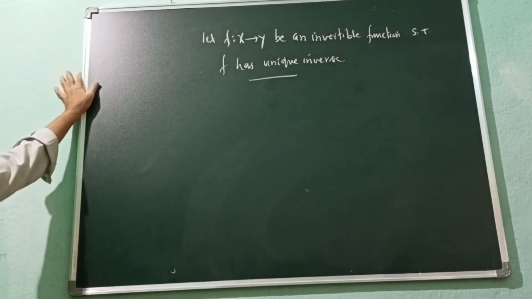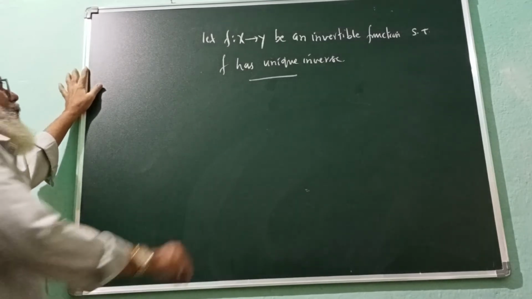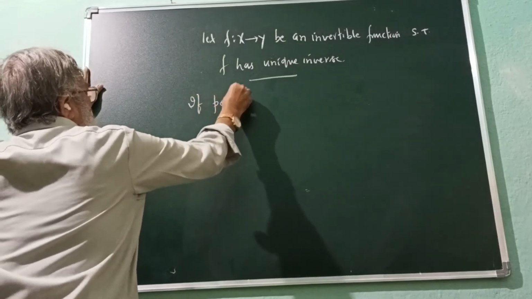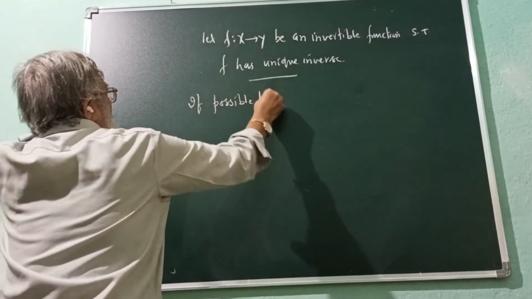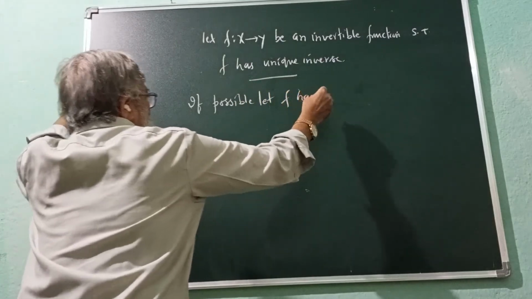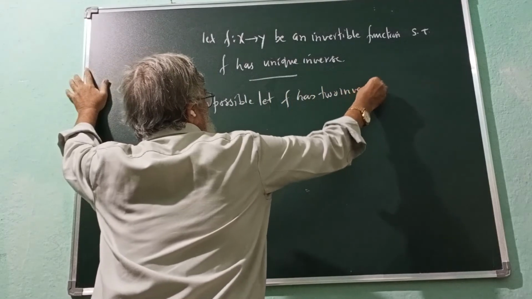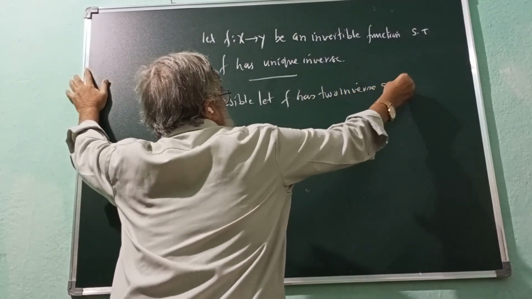So we go by an alternate method. We suppose, if possible, let f have two inverses, g1 and g2.